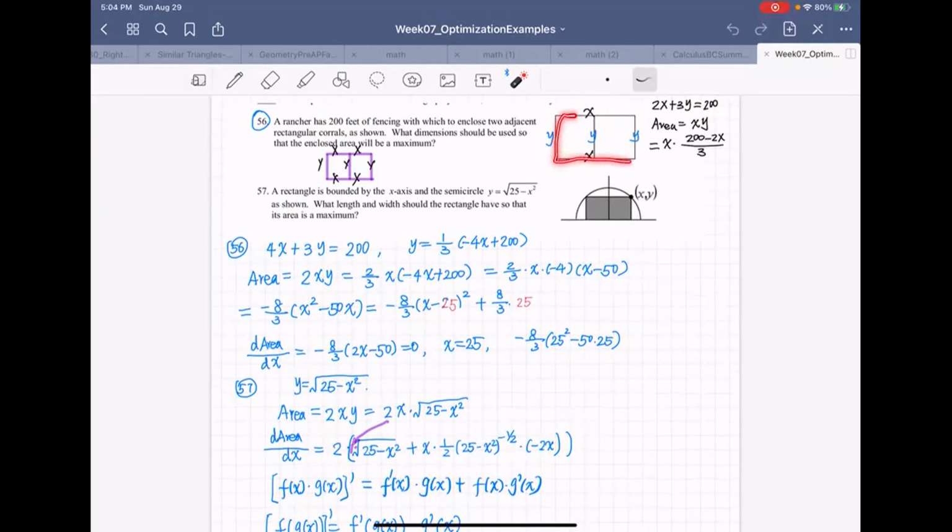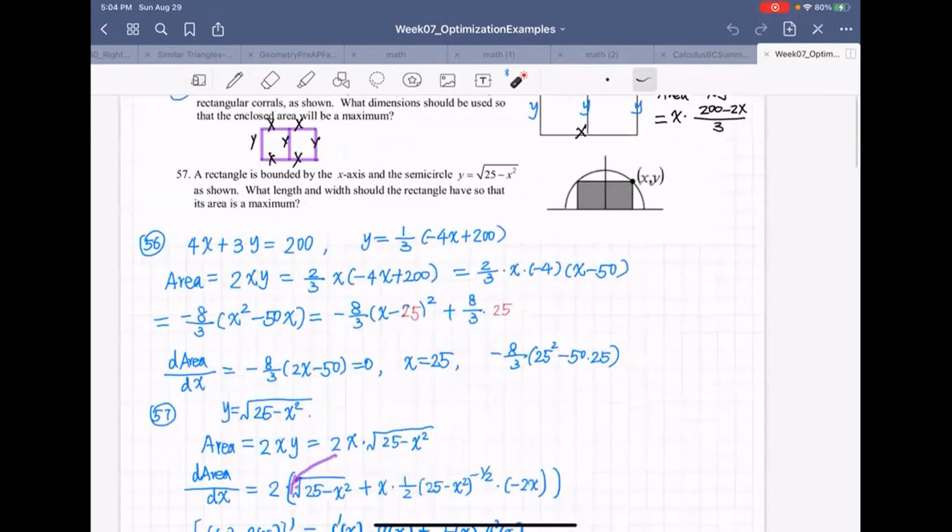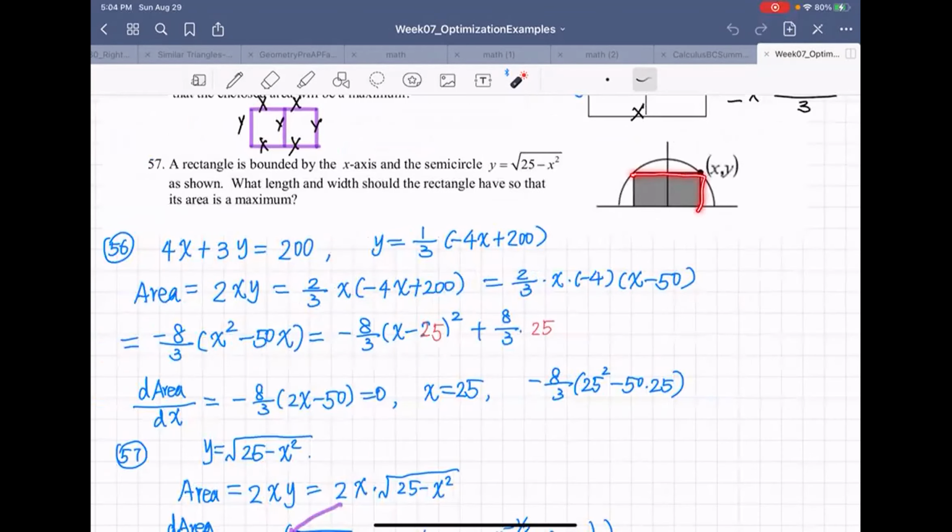If you want this area to be the maximum, what will be your dimensions? That's called an optimization question. Or they say this is a semicircle, you have a point on the circle, and you want to draw a rectangle, and find at which x and y values you make the rectangle's size maximum.